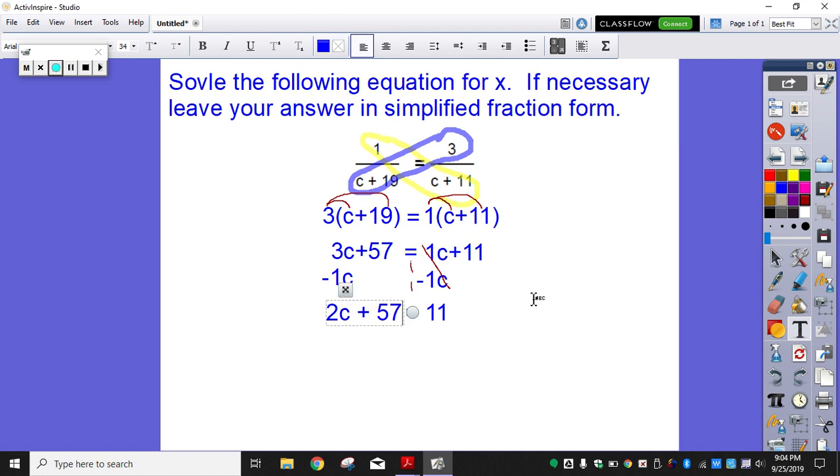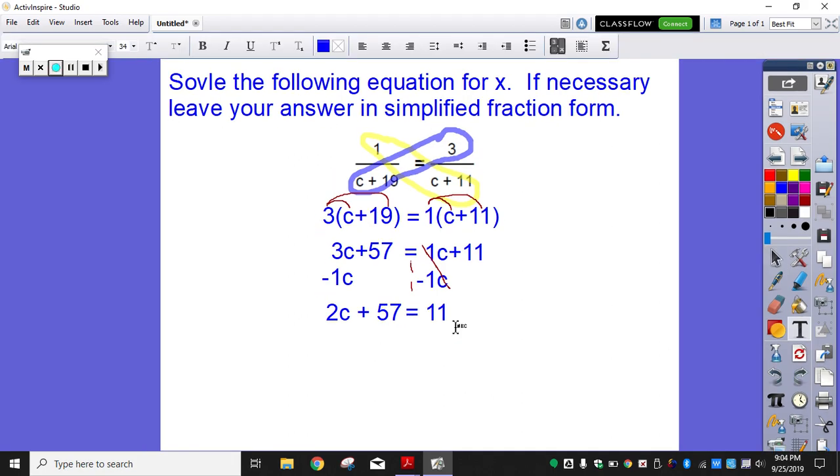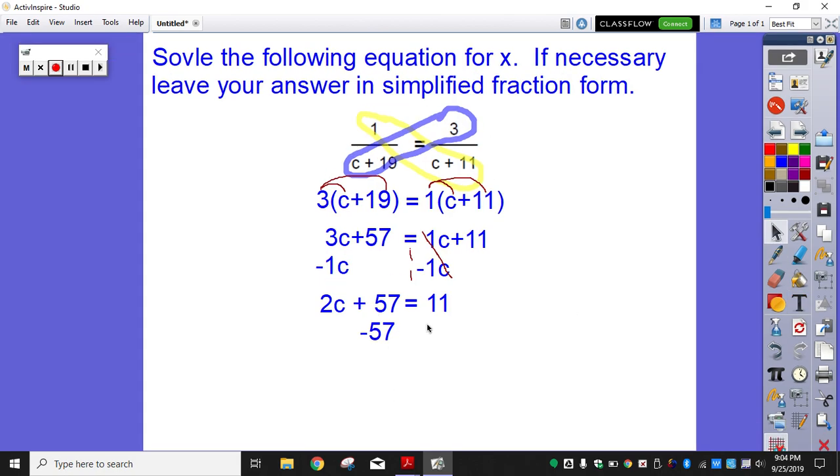At this point, what I've done is simplified down to where I just have a two-step equation. This is very familiar. So, plus 57, I would need to undo that by doing the inverse, which would be to subtract 57. Remember, whatever I do to one side, gotta do to the other.